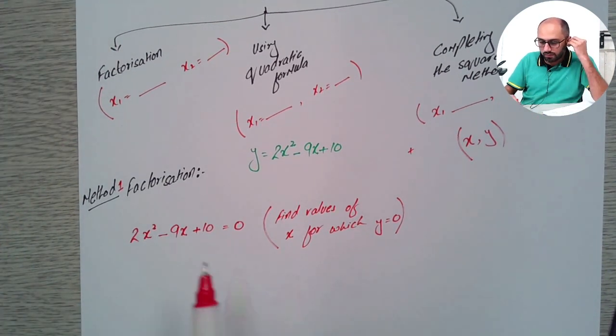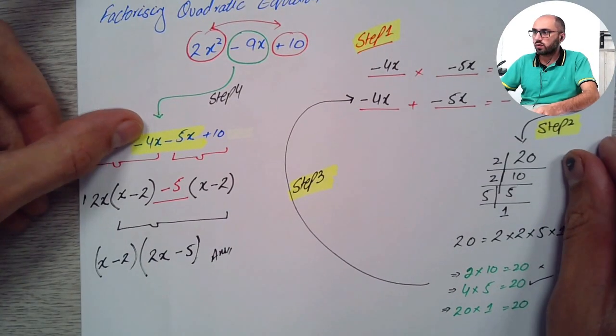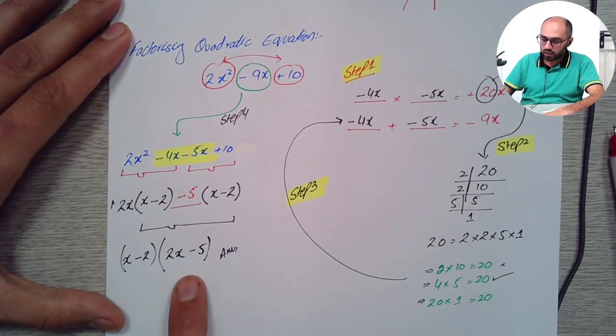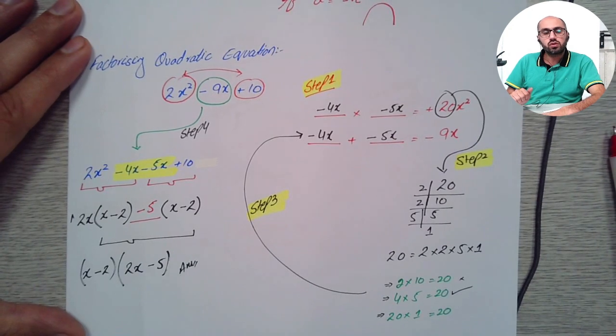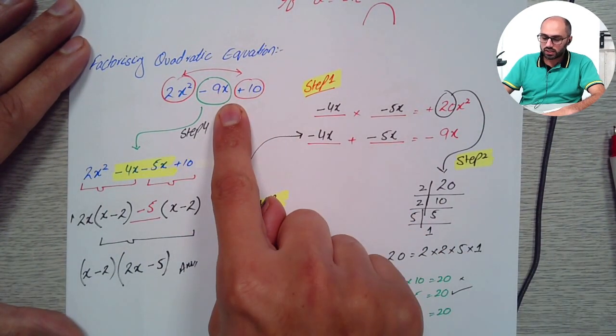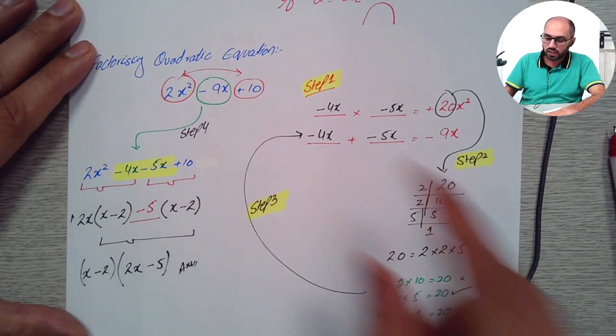Now, because we are using the method of factorization, I would like you to go back in the video and see the section where I factorized this equation and got this answer. I'm not going to do this whole work again because it's the same question which is now being used for solving quadratic equations. So step 1 will be to factorize this.